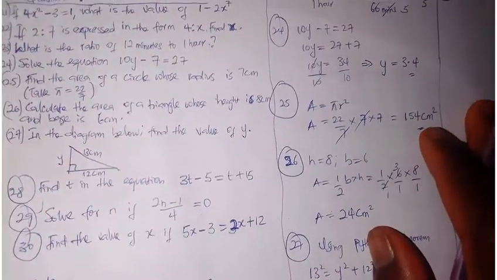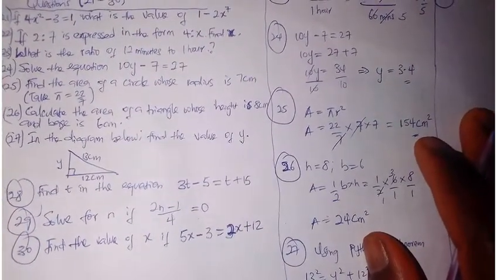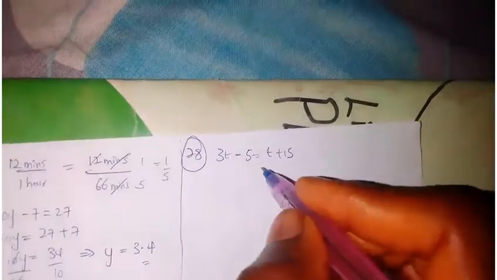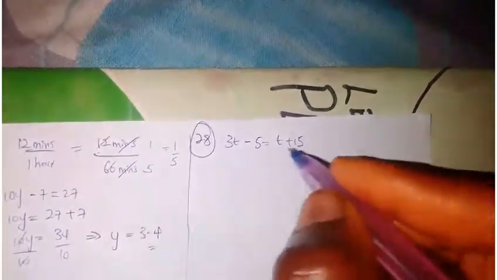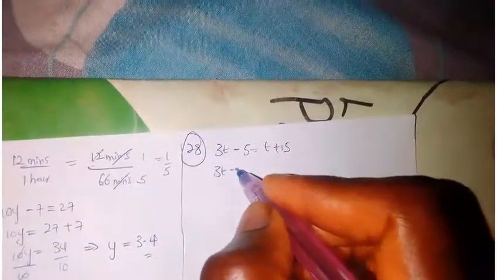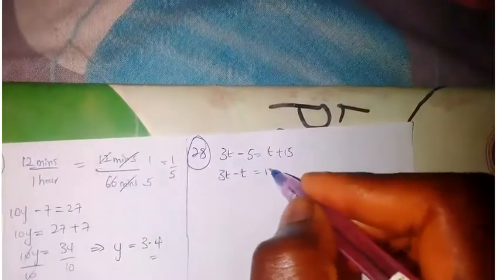find t in the equation 3t minus 5 equals t plus 15. In this case, to collect like terms, bring t here, take 5 here. That's 3t minus t equals 15 plus 5.